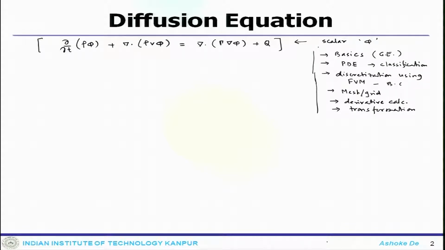Now, the important point is that when you look at this complete transport equation, there are different terms. One is this unsteady or transient term. Then the second term is the convection term.